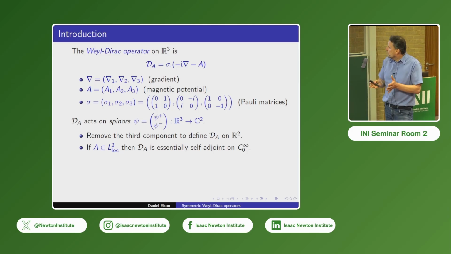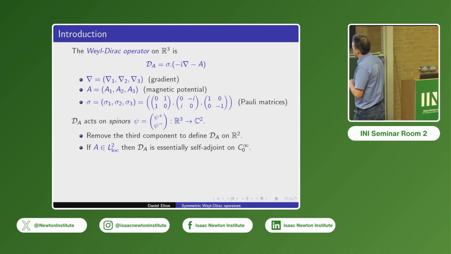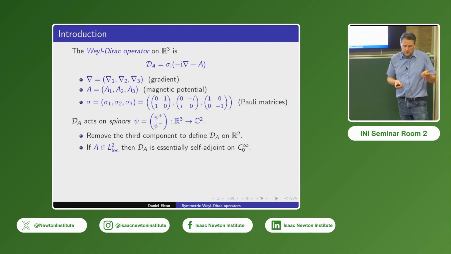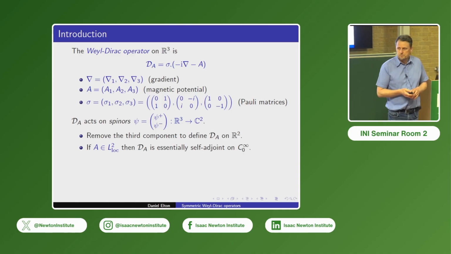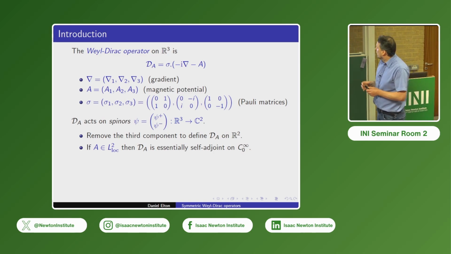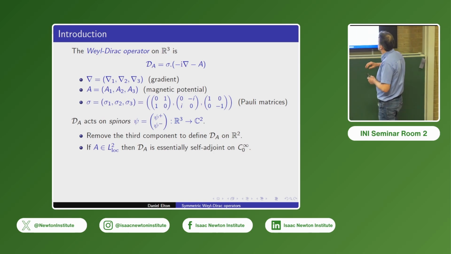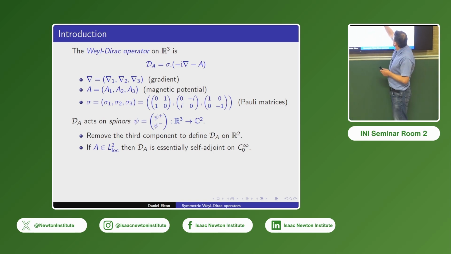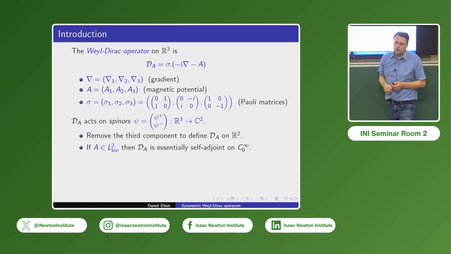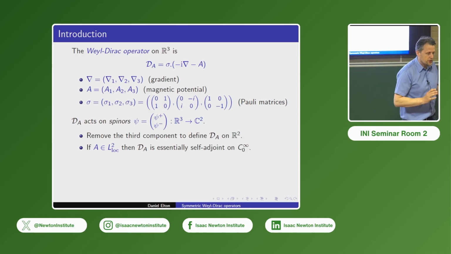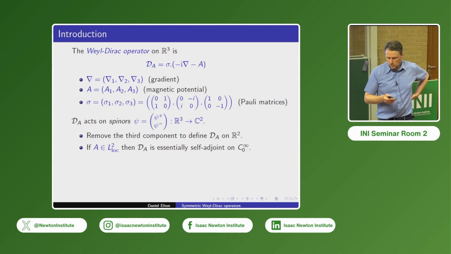So we have a nice self-adjoint operator acting on C2 valued L2 functions on R3. At some points, I'll also want to discuss similar problems in 2 dimensions. If you want to move down to 2 dimensions, simply forget the third component. So the third Pauli matrix disappears, A3, and the third gradient. Just remove those and you get the 2-dimensional version of the problem.